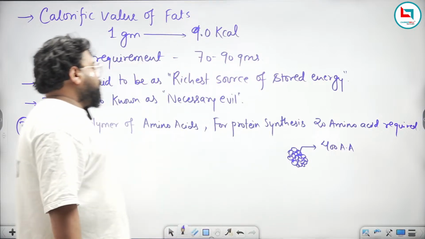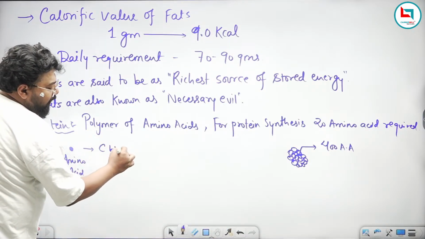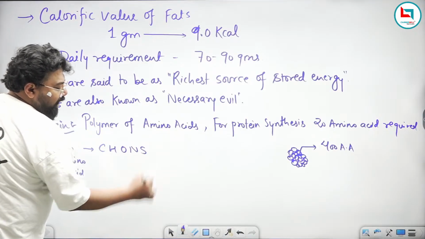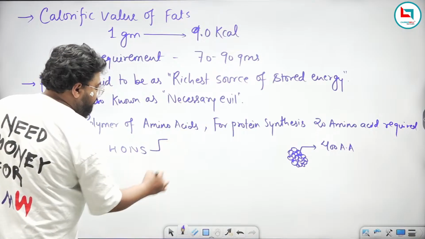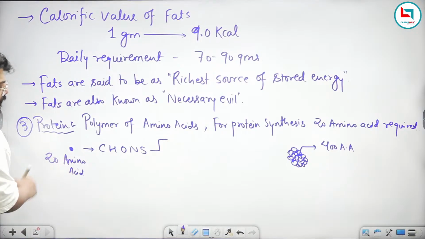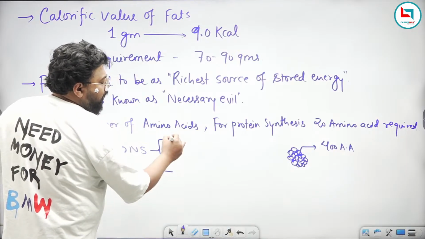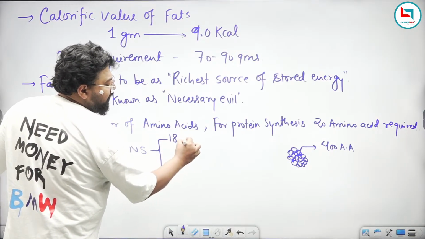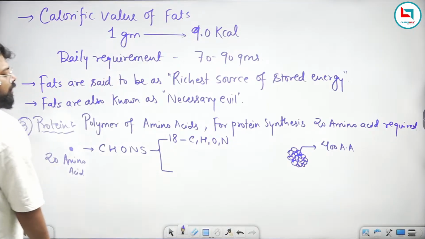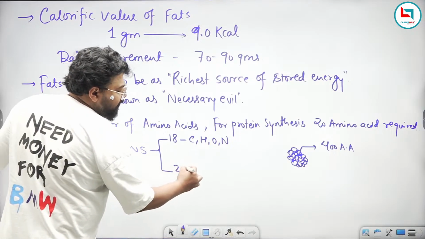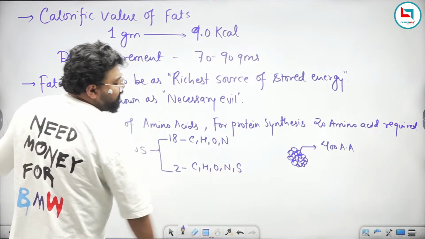Fine. So amino acids are compounds made up of carbon, hydrogen, oxygen, nitrogen and sulfur. Now, out of these 20 amino acids, 18 contain carbon, hydrogen, oxygen and nitrogen, while 2 contain carbon, hydrogen, oxygen, nitrogen as well as sulfur.